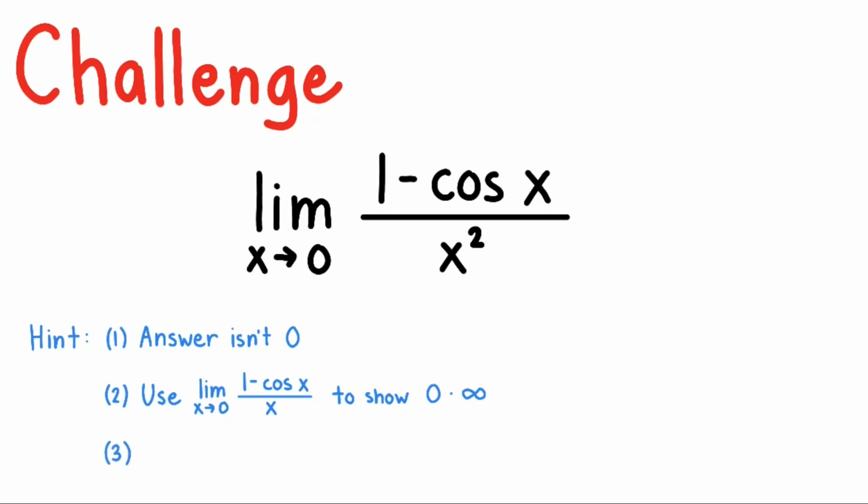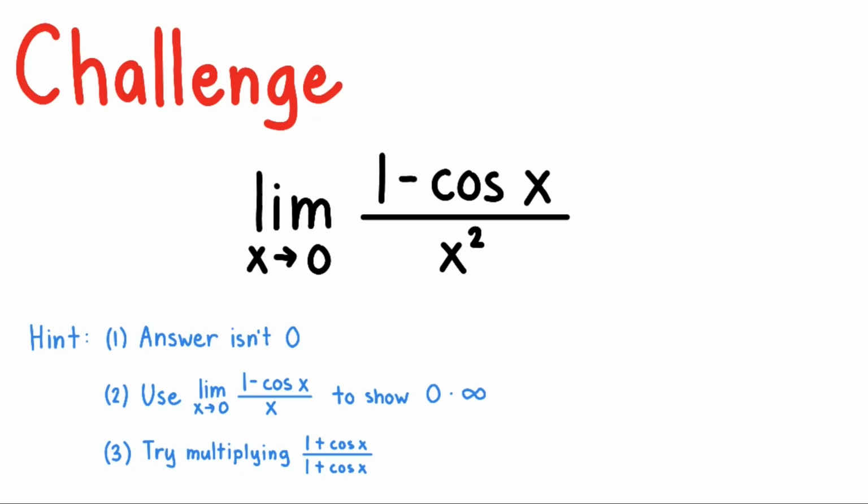And third, what we can do instead, since the special trig limit didn't work, is we can try to multiply the numerator and denominator by 1 plus cosine x. So upon doing that, you'll see that something would happen and you'll actually be able to apply not this special trig limit, but the first special trig limit.